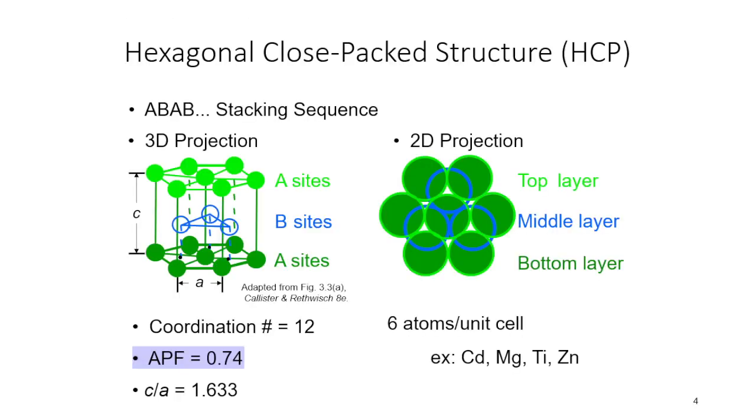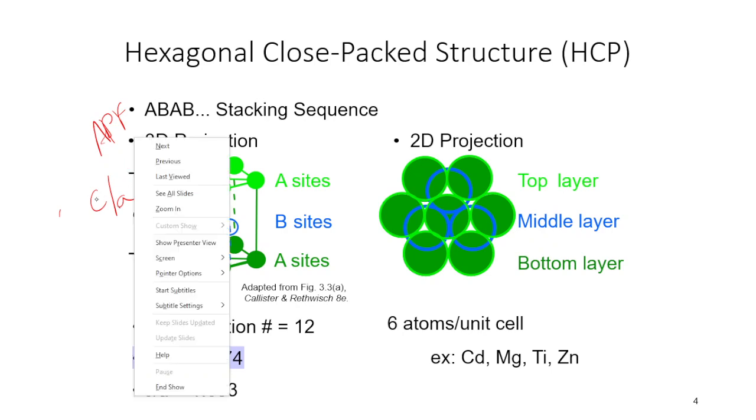As usual, what we saw last time, we saw the HCP structure, right? We know that the stacking sequence is AB. We also know that the coordination number is 12, and the atomic packing factor is 0.74. We will look at right now how we calculated the APF and the c by a ratio.